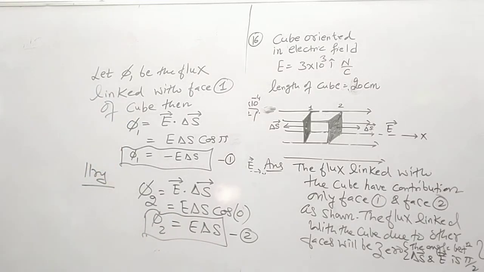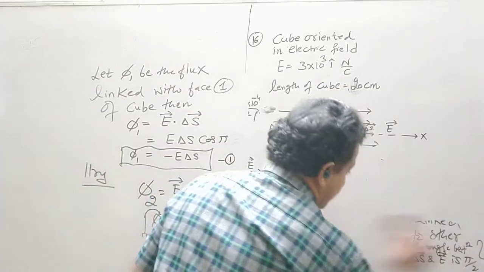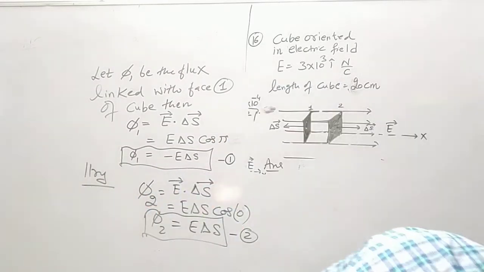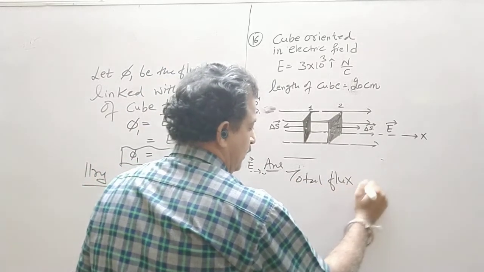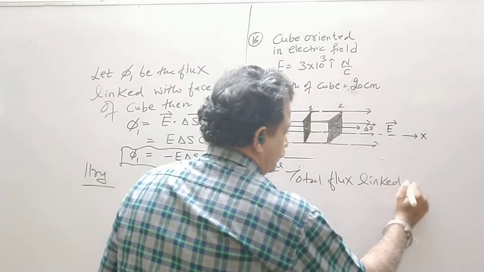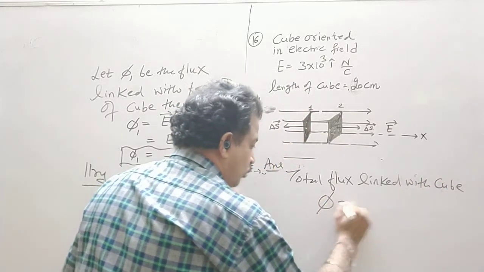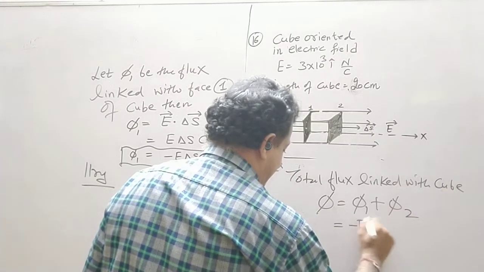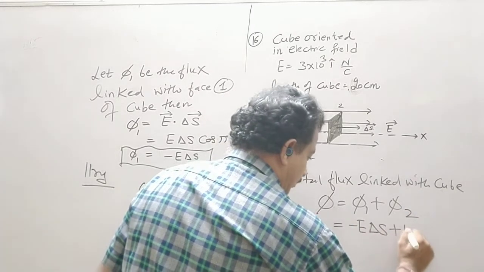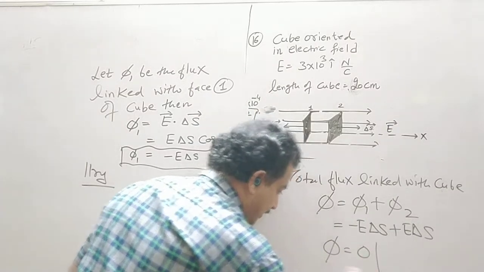We have to find the total flux. The total flux should be the summation of the flux linked with the two faces. So phi is equal to phi 1 plus phi 2, which comes out to be minus E delta S plus E delta S, so phi comes out to be 0.